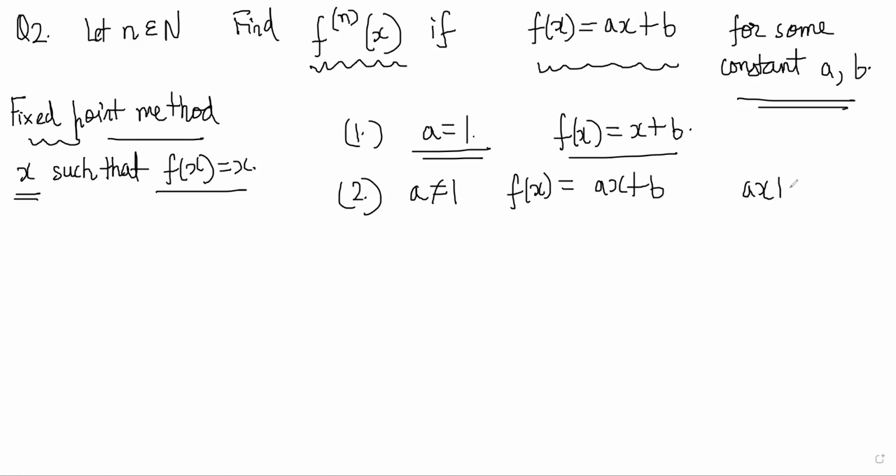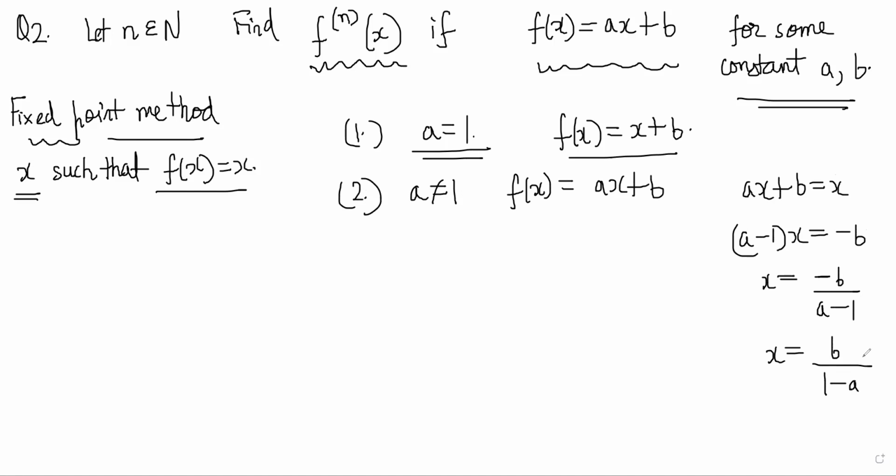So ax plus b should be equal to x, and you'll get (a minus 1)x is equal to minus b. So x should be minus b by (a minus 1), or x can be written as b by (1 minus a). So x is equal to b by (1 minus a) is my fixed point.